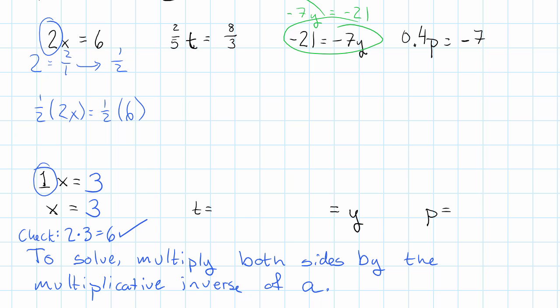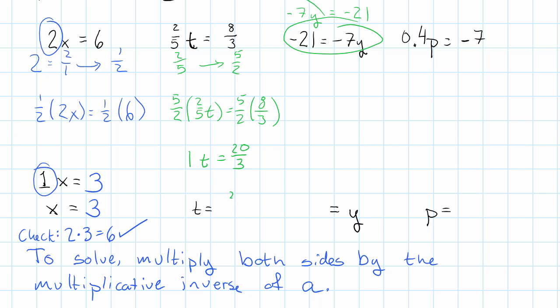Here, finding the multiplicative inverse is actually a little bit easier. 2/5, take the reciprocal, it's 5/2. So I'm going to multiply both sides by 5/2. 5/2 times 2/5, that's 1. 5/2 times 8/3, you're welcome to use a calculator for this if you'd like, but it's 20/3.